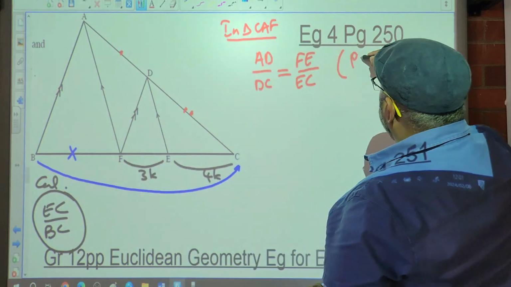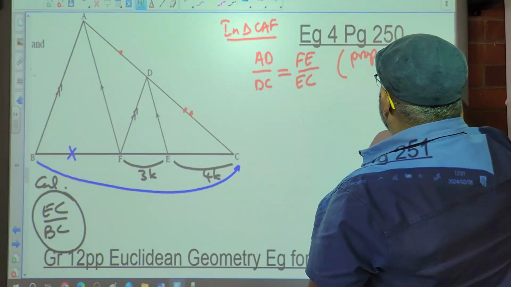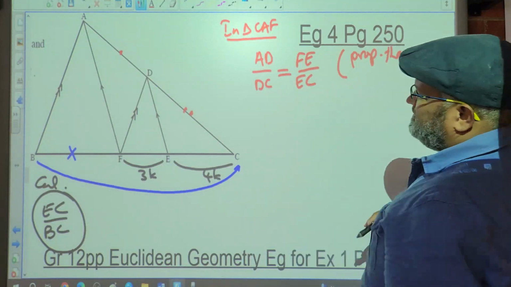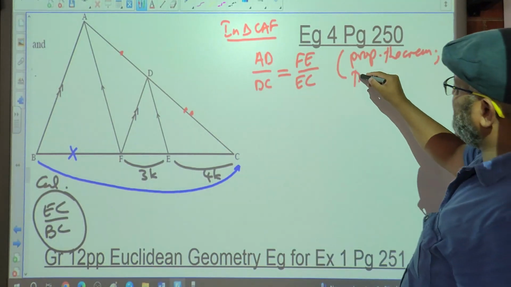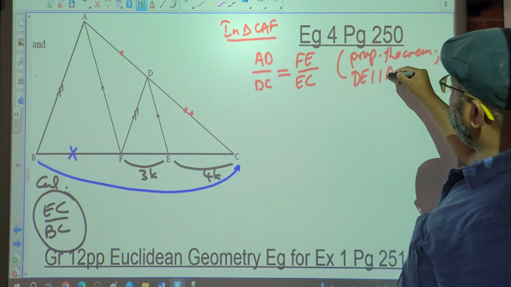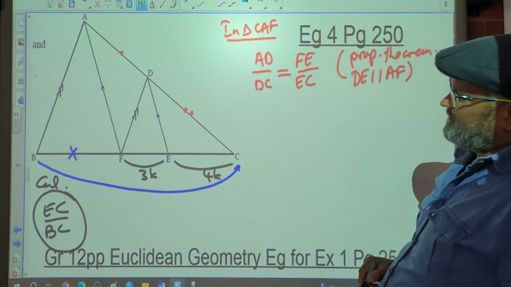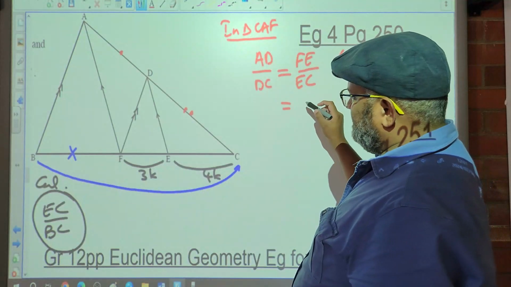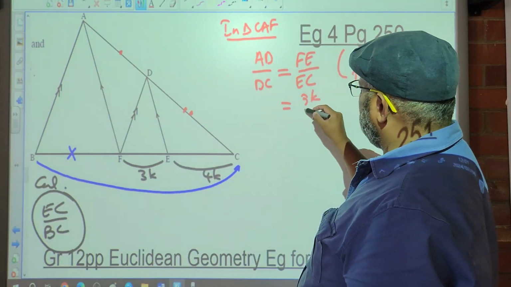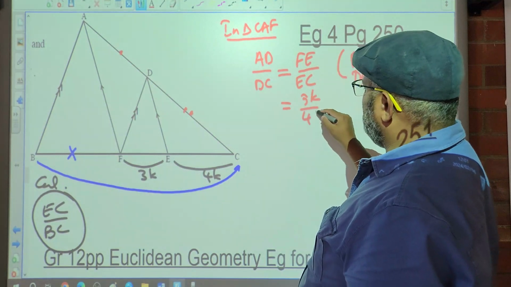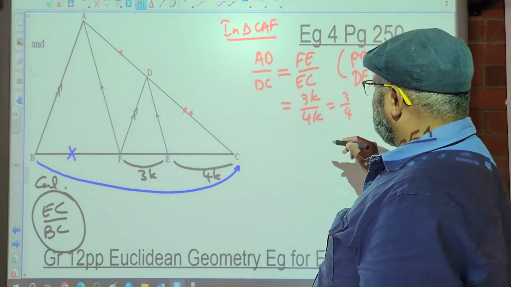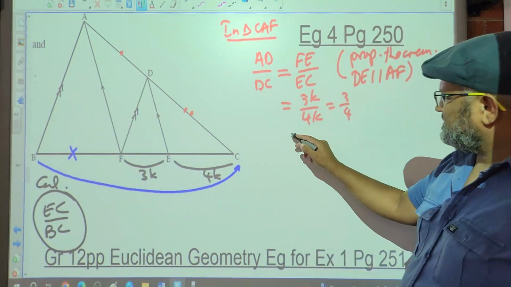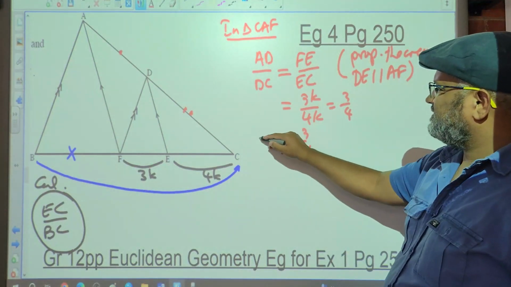Why? The proportionality theorem, with DE being parallel to AF. So that gives us FE, which is 3K, over EC, which is 4K, which is 3 over 4.